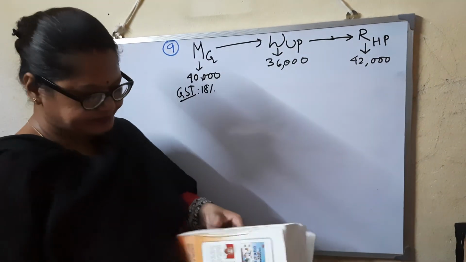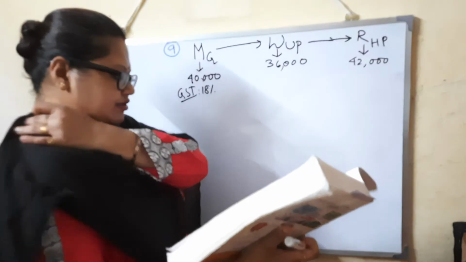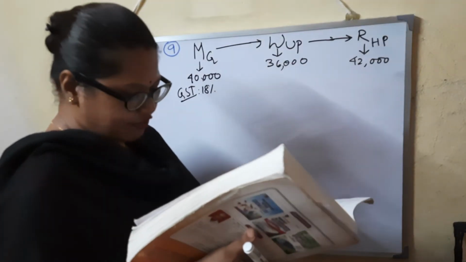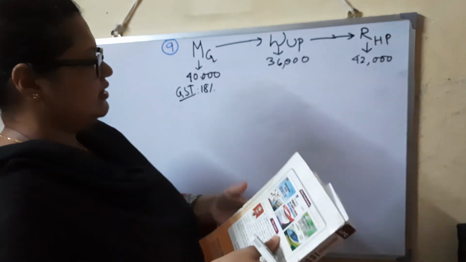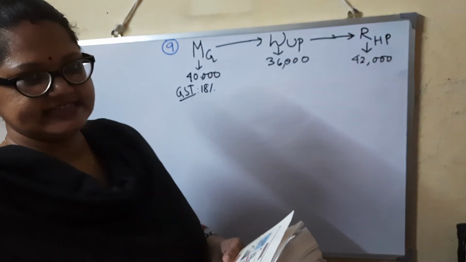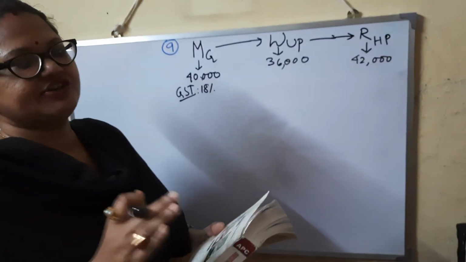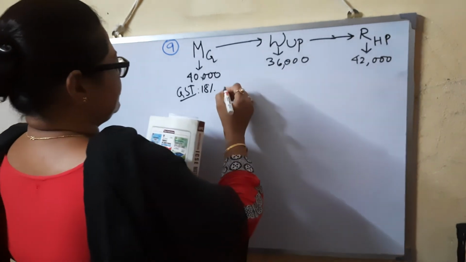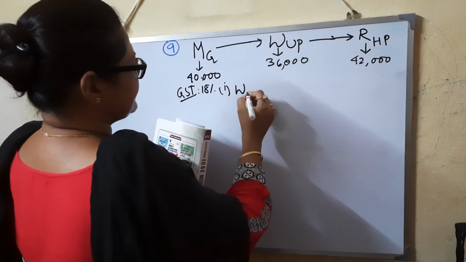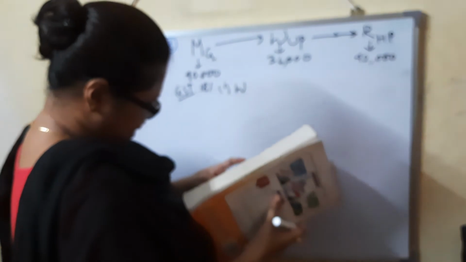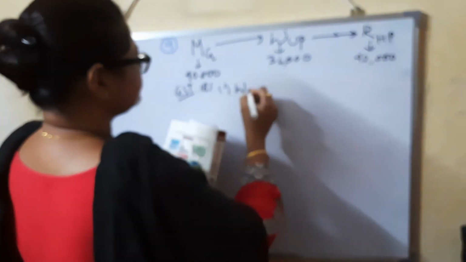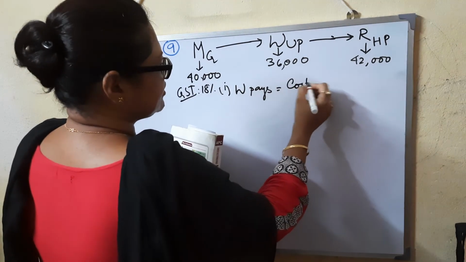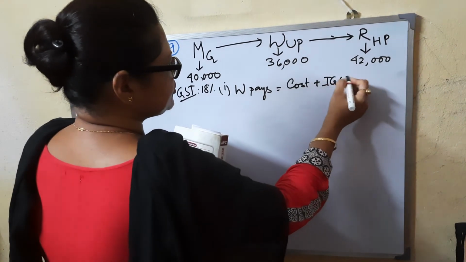Okay, let's see. They are asking you the amount inclusive of tax paid by the wholesaler for the article. Now here, because it is interstate, we will not have any CGST or SGST. We will have only one IGST. So the wholesaler pays cost plus IGST.